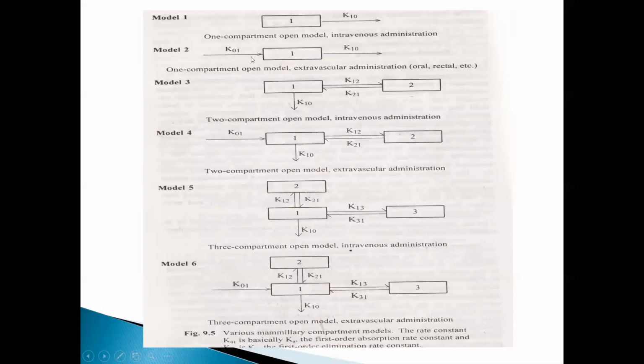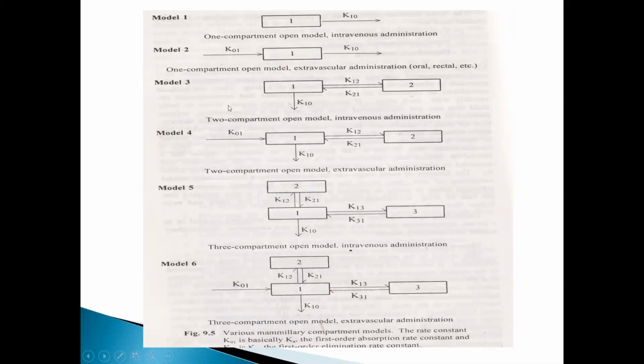K01 is the first order absorption rate constant, while K10 is the first order elimination rate constant. Why do you call it K10? The movement of the drug is from the first compartment to the outside, so elimination is occurring. This is the elimination phase.